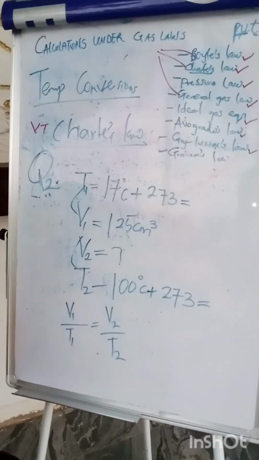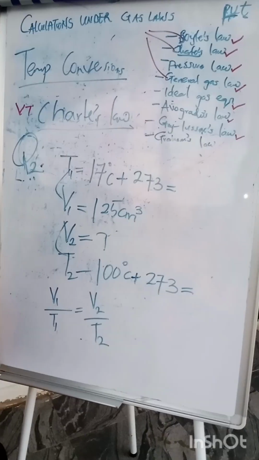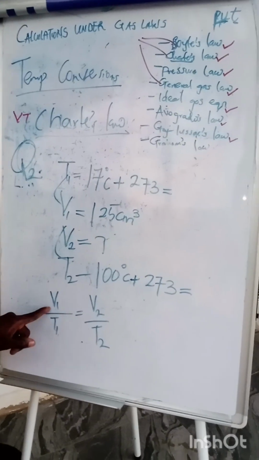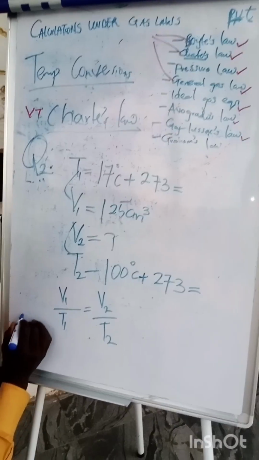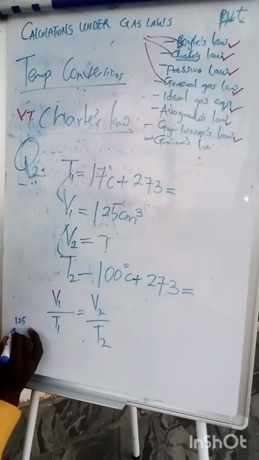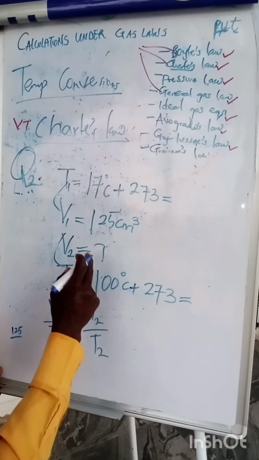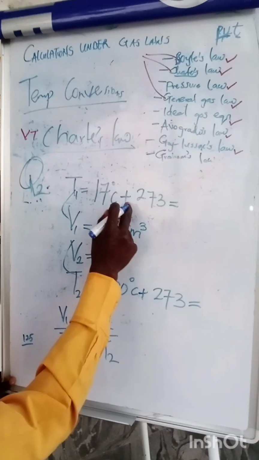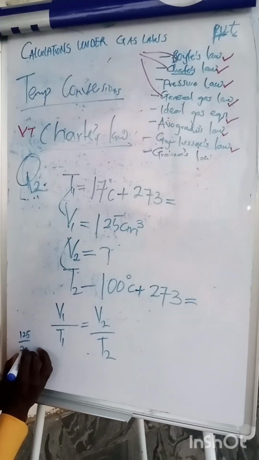I think from this, you guys should be able to solve. But let me assume I'm teaching a primary 1 student. V1 is 125 centimeter cube, so 125 divided by T1. What do you guys get? 17 plus 273, that's 290 Kelvin.